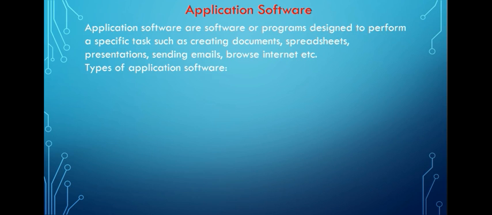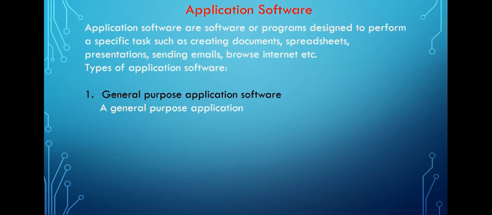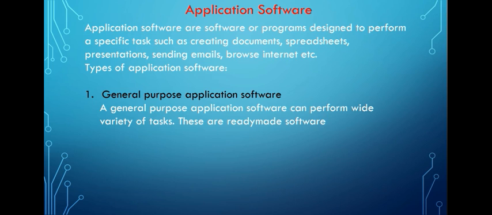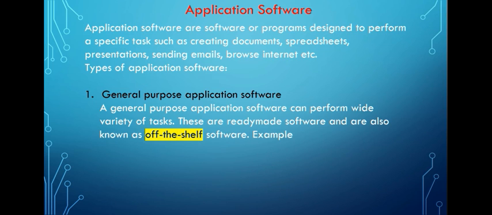Types of application software. Number one is general purpose application software. A general purpose application software can perform a wide variety of tasks. These are ready-made software and are also known as off-the-shelf software, for example word processor, etc. So general purpose application softwares are ready-made softwares.